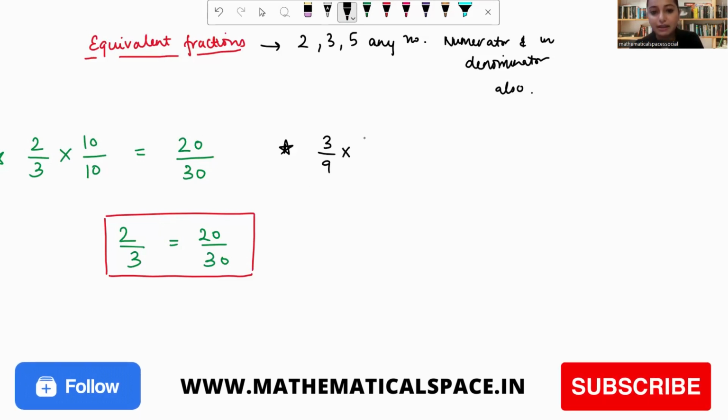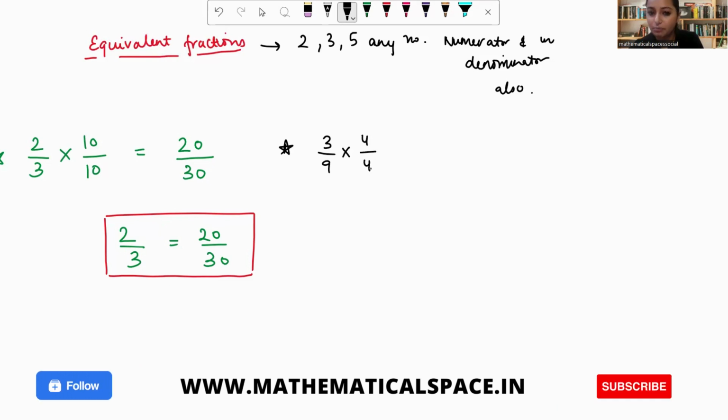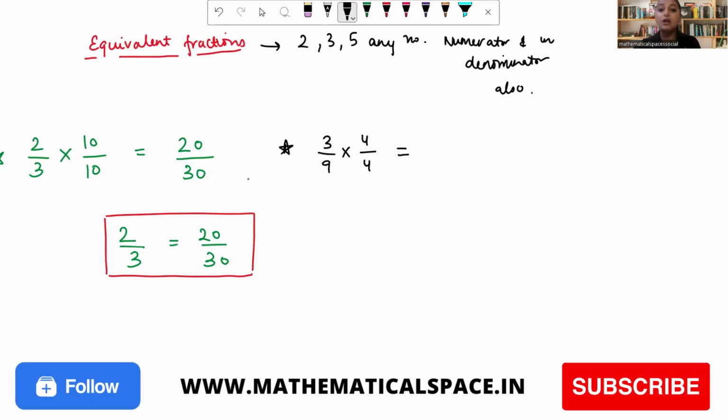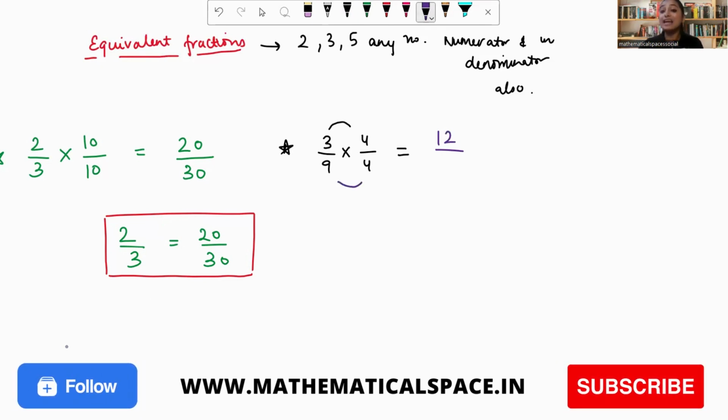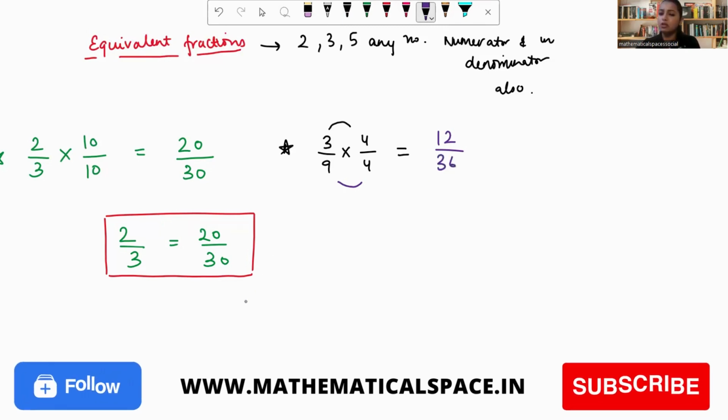So what is 3 times 4? The numerator is multiplied with numerator. So 3 times 4 is 12. And what is 9 times 4? 9 times 4 is 36, right? So it becomes 12 over 36.